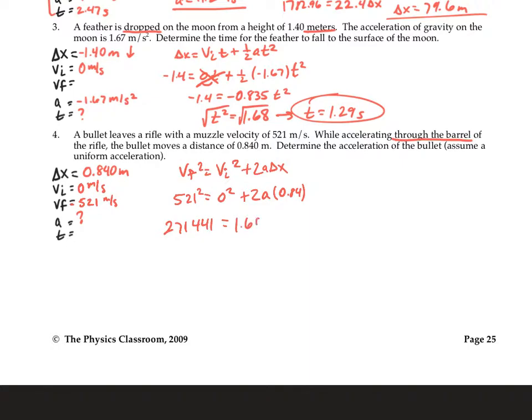I get 1.68 times a. So my answer would be when I divide both sides by 1.68, and you get 161,572 meters per second squared.